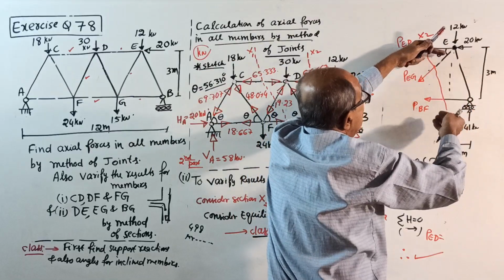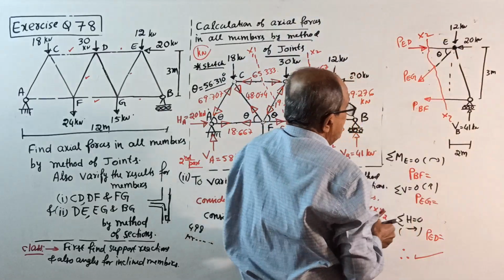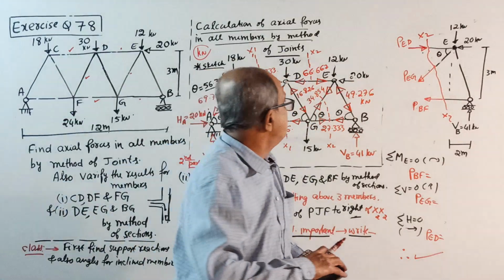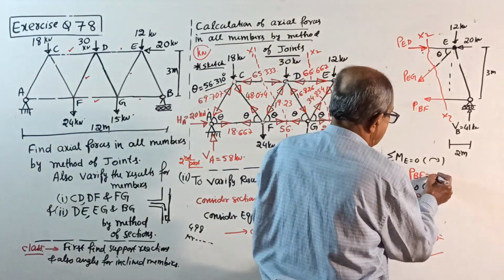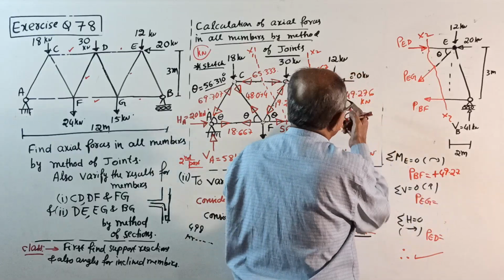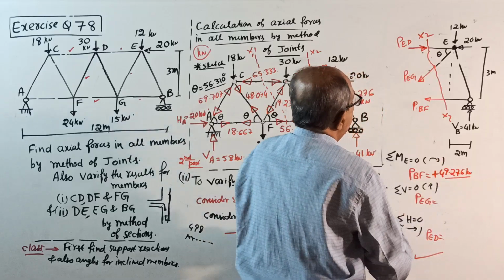Into 3. Minus 41 into 2, that's all, equal to 0, you will get the value of PBF. I will calculate PBF now. 49.276. I know the answer there. I got confidence. Okay, now PBF came.